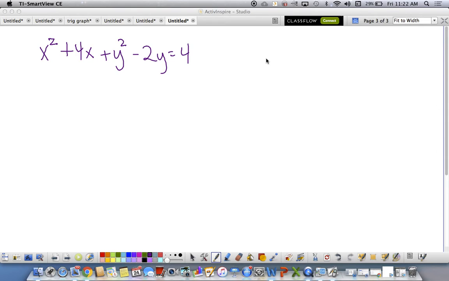Completing the square, x plus 1 squared divided by something. So we said it's a circle. Can you find the center? Can you find the radius? Can you graph?